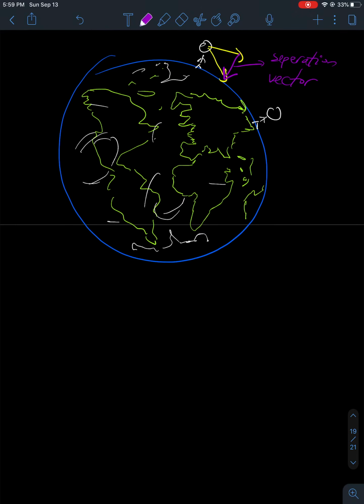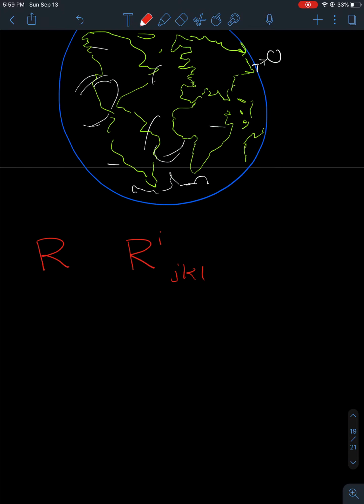There is something called the Riemann curvature tensor, represented with an R. In its component form, the Riemann curvature tensor is represented with these indices, I, J, K, L. Now the Riemann curvature tensor acts on two vectors being paired together, and then another vector, and it returns the separation vector, which we would call K.